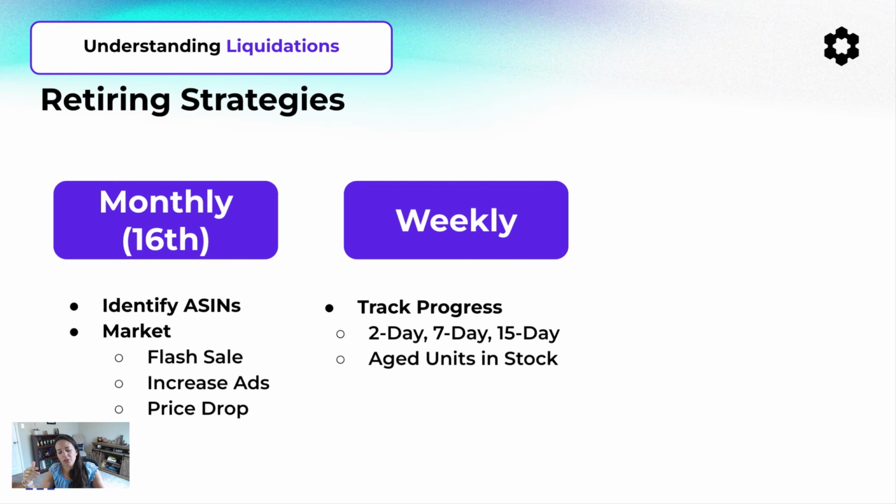But if I have 2 sales a day on average, and then the 2-day is still 2 sales a day, it's not working. Maybe I'll drop the price some more. I'll do whatever I can to sell through as much inventory as possible.